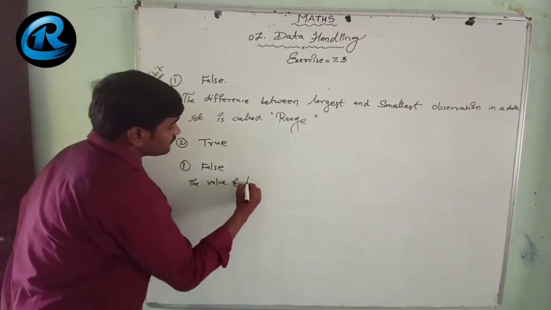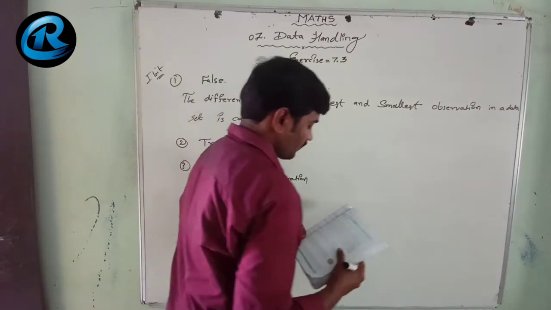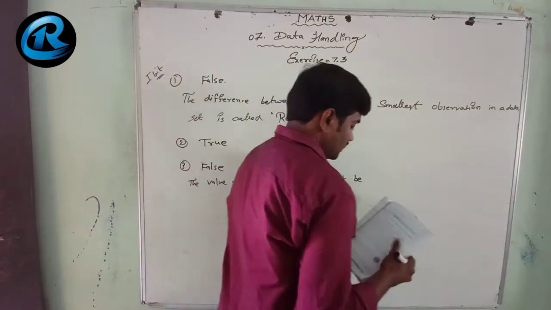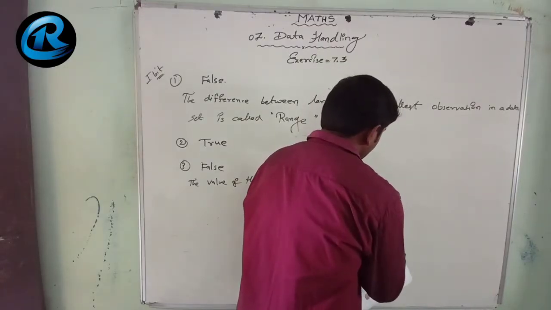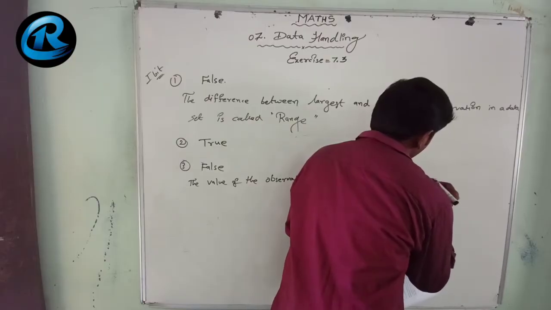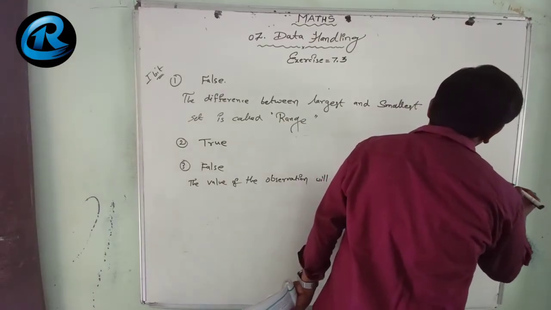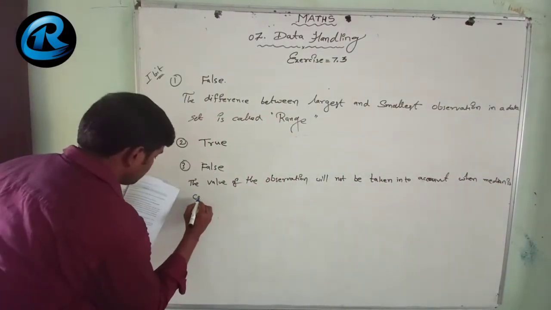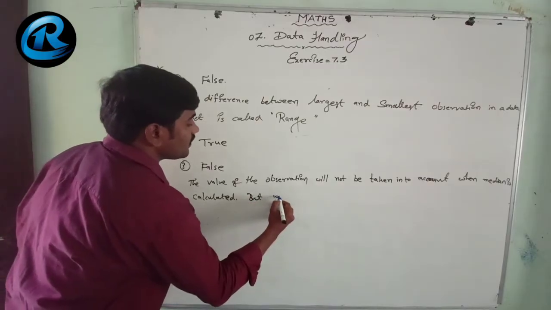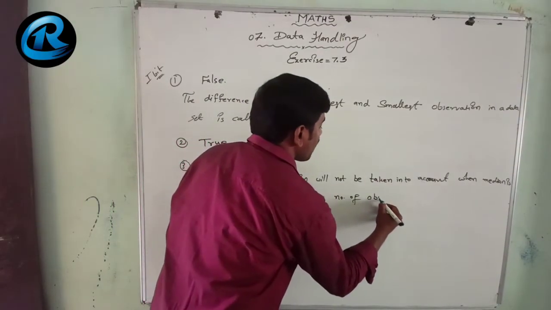The value of the observation in the data set is not taken into account when the median is calculated, but we take the number of observations.